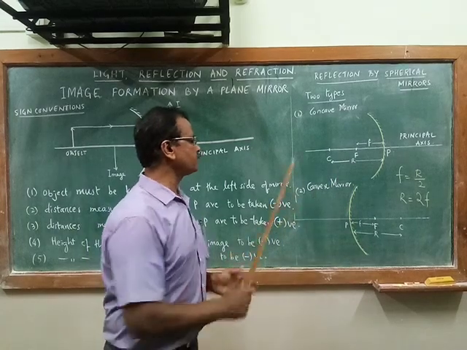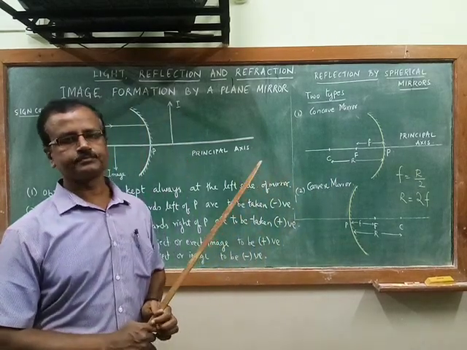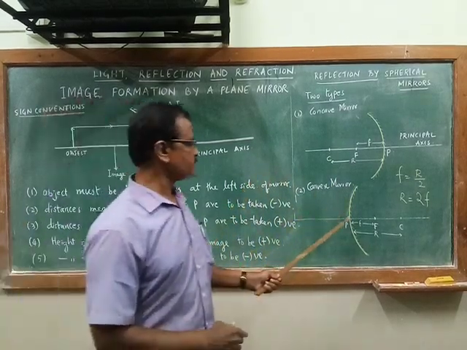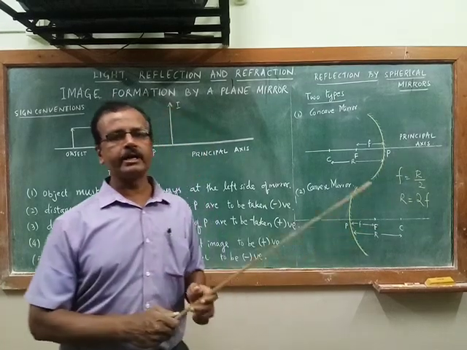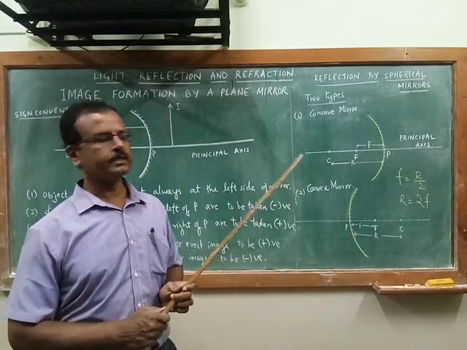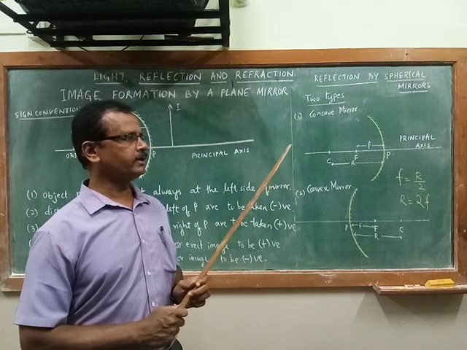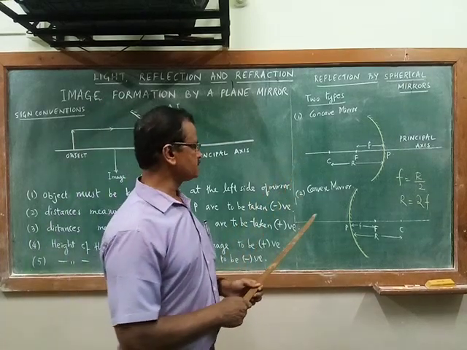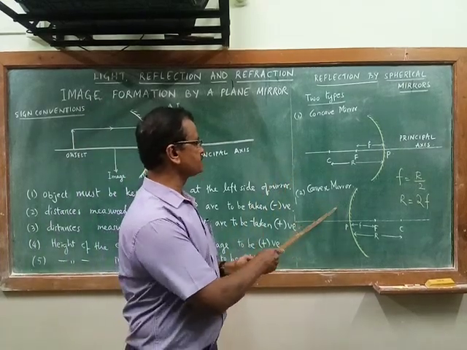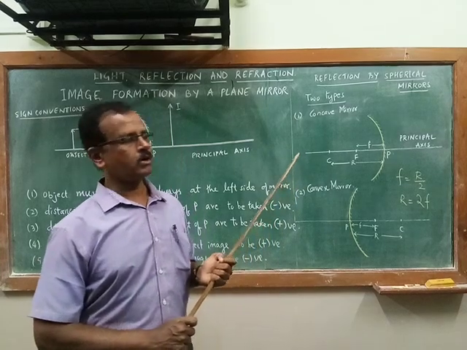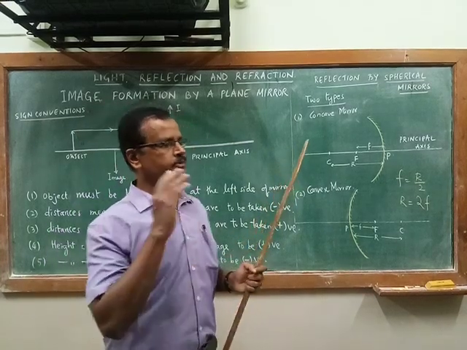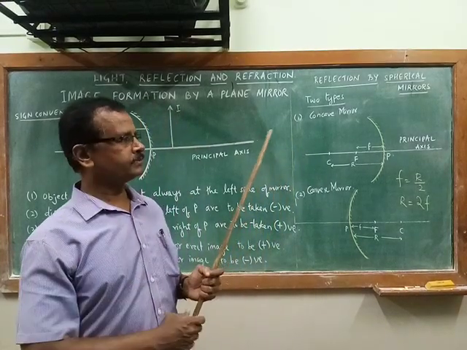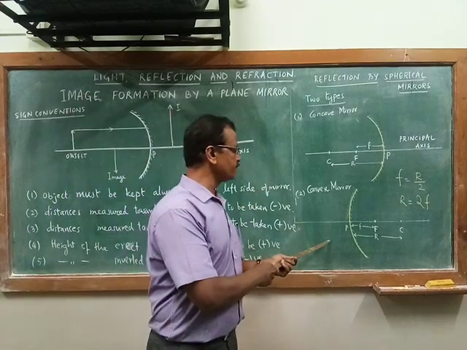And what are the important uses of the convex mirror? The convex mirror is used as a rear view mirror in vehicles. All drivers of vehicles make use of this convex mirror. The convex mirror gives you the rear view, therefore it is called a rear view mirror.